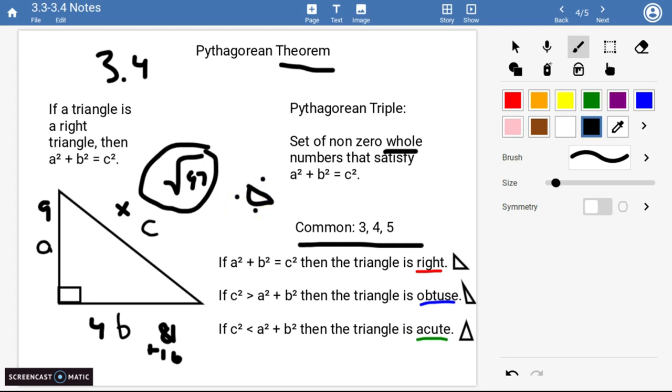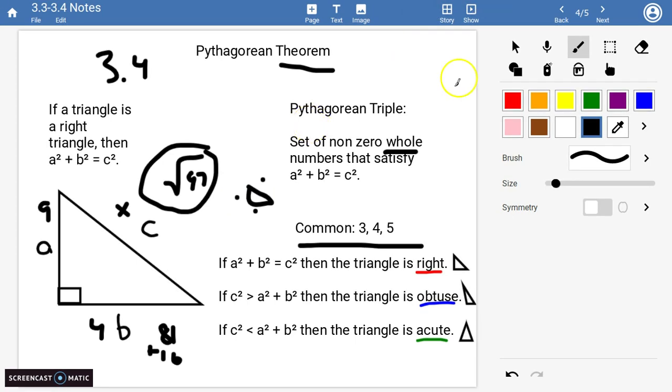That's just a common one to know. Now, if it was like 3, 4, and then what's that? It couldn't be that. We know that the biggest one would have to be the hypotenuse. But some other ones are, let's see, 5, 12, 13, 6, 8, 10, some like that. But anyways, that's some to know. But that one's just the most common one that you'll see.